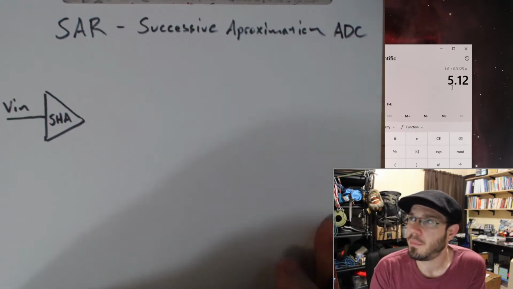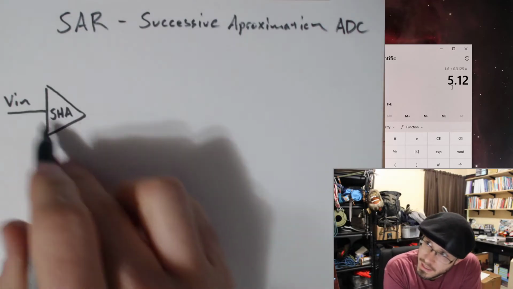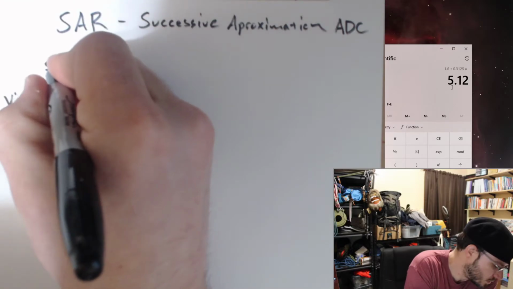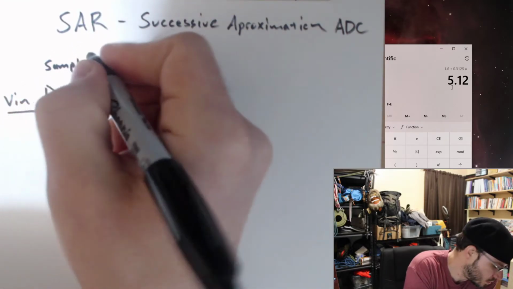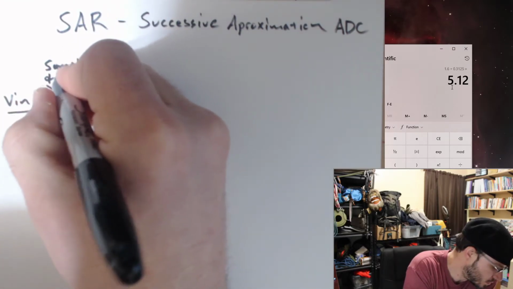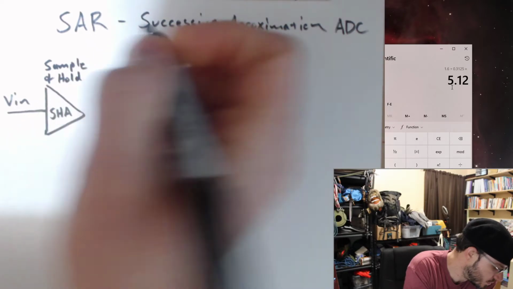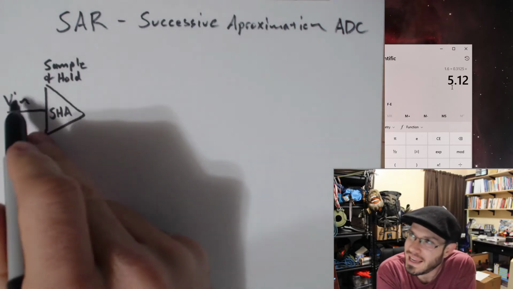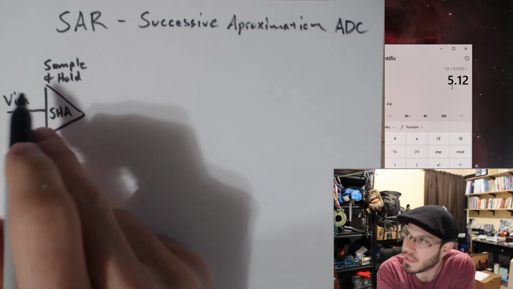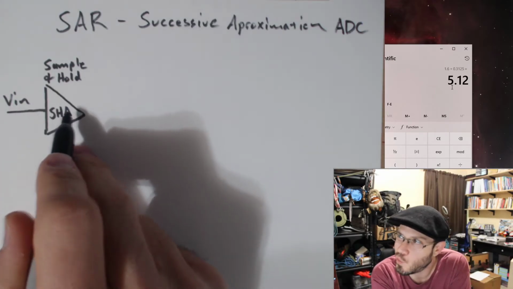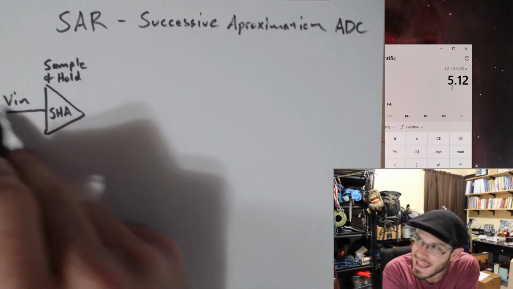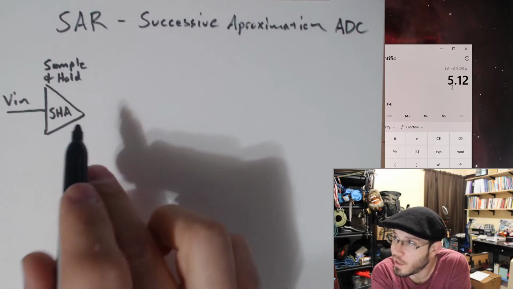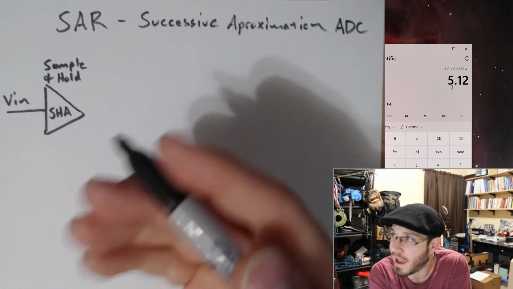Okay, now first up, what we're going to have here is a sample and hold. All that the sample and hold is going to do is take whatever analog voltage we have here on the input, and hold it in here so that as Vin possibly changes, we are still going to be converting on the same value.